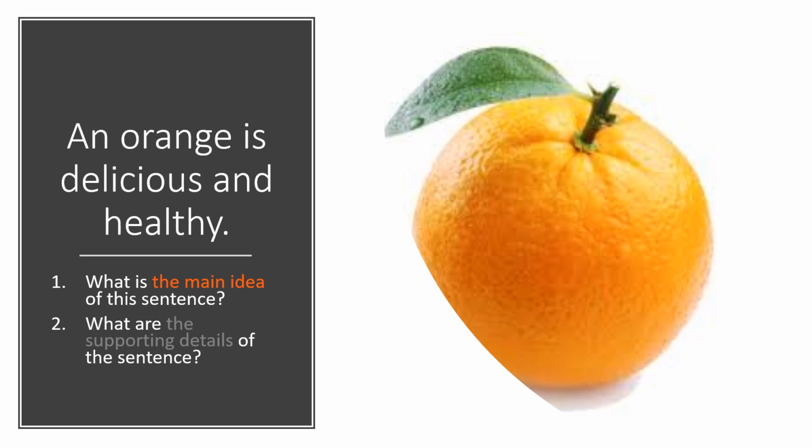My sentence is, an orange is delicious and healthy. I'd like to ask two questions to you. The first one, what is the main idea of this sentence? The second, what are the supporting details of the sentence? I'd like to ask you to pause this video and try to answer my questions.